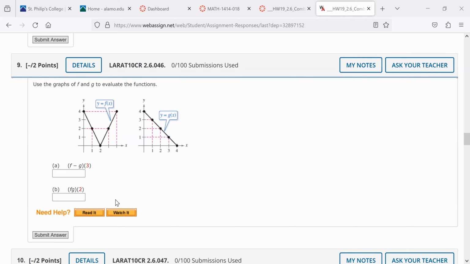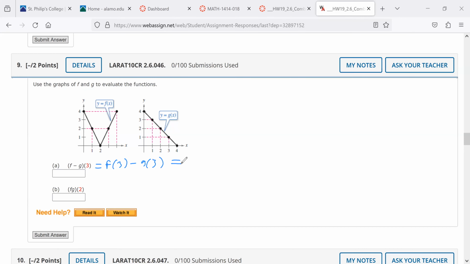So here they are not giving us the functions, but they're giving us the graphs. So it's not too bad. So we'll do this one and then we'll talk about compositions. Remember that this means F of 3 minus G of 3.